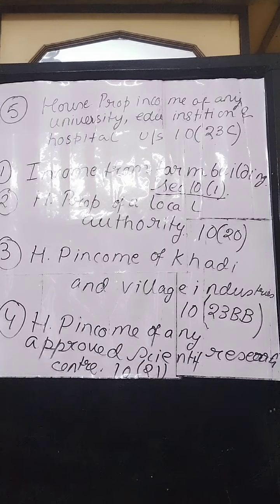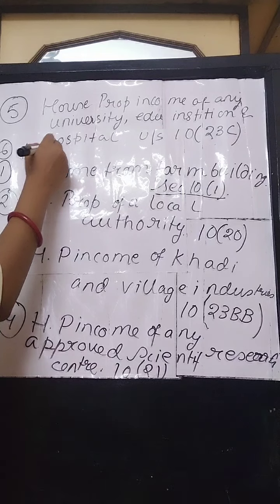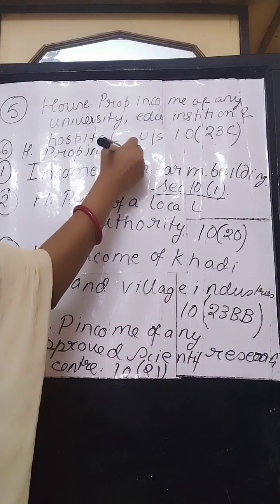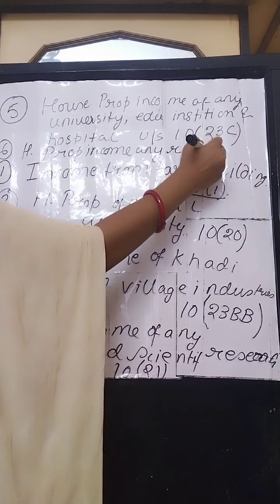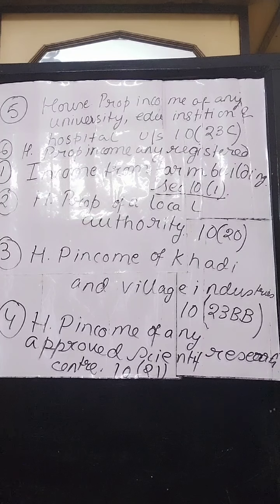Next comes number 6, house property income of any registered trade union. I am rubbing off numbers 1 and 2 in order to write the rest of the house property income not chargeable to tax.